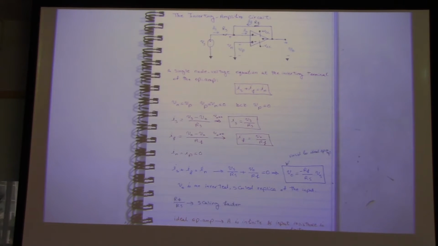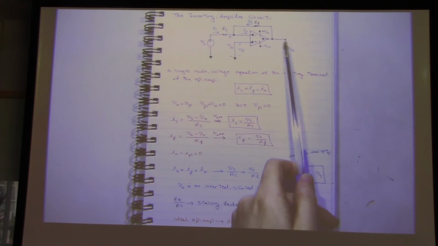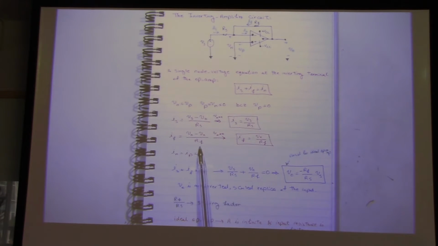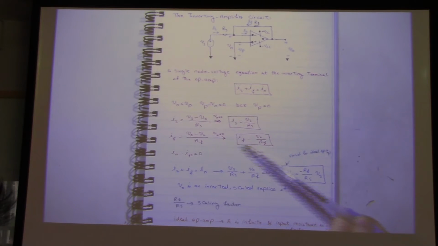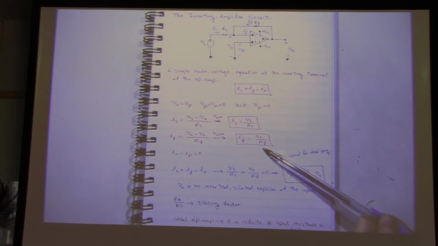That's it. And how about If? If is V out minus Vn over Rf. We call it Rf because it is feedback resistor. That's why we put Rs for the source resistor. So this If is equal to V out over Rf.